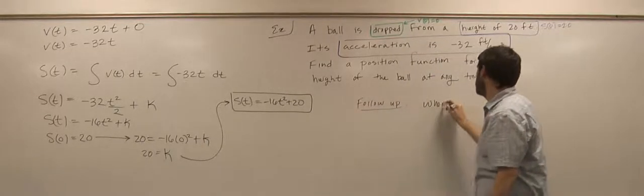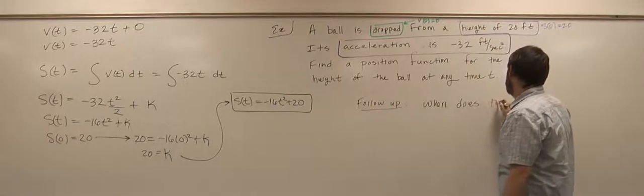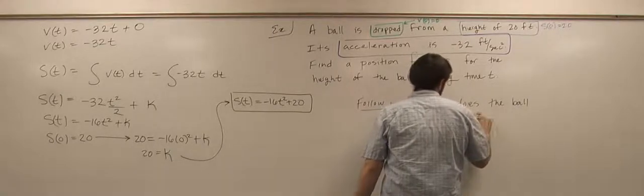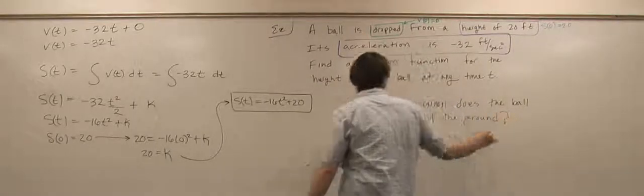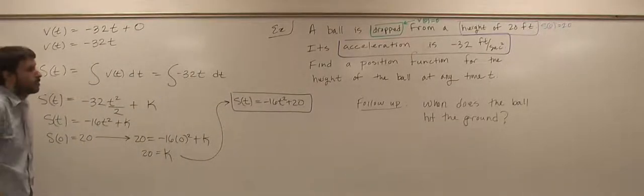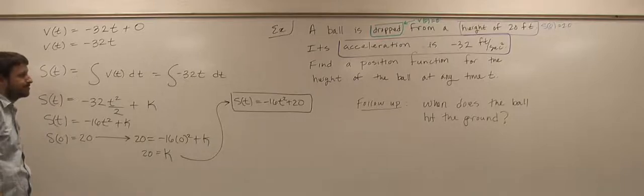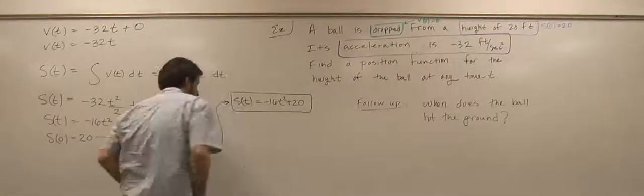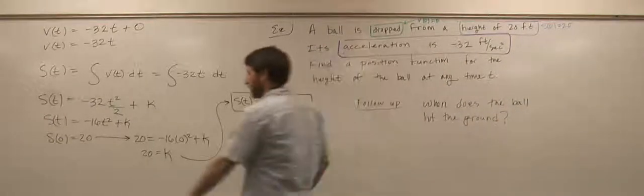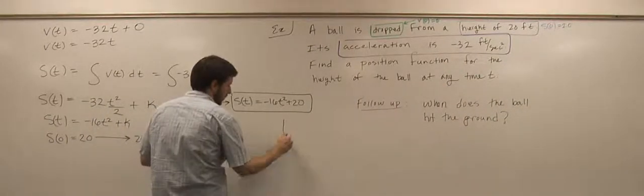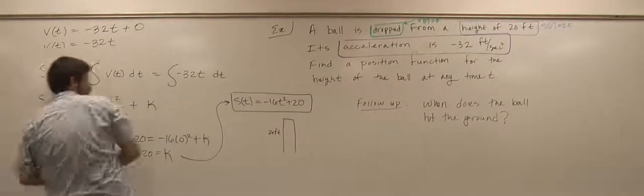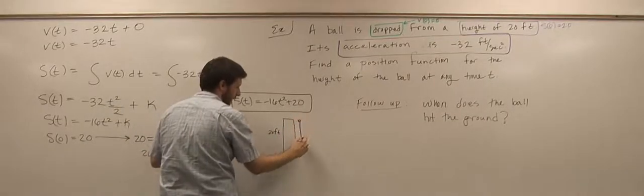When does the ball hit the ground? So in order to hit the ground, that means your height has to be 0. All right, you're on a 20-foot building, or wherever you're at. You drop the ball, which is obviously purple, goes down.